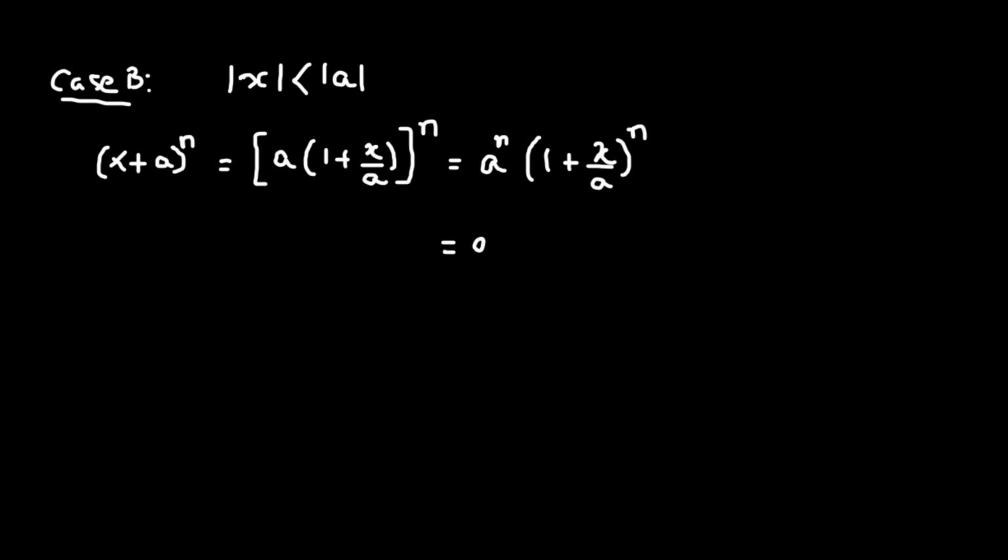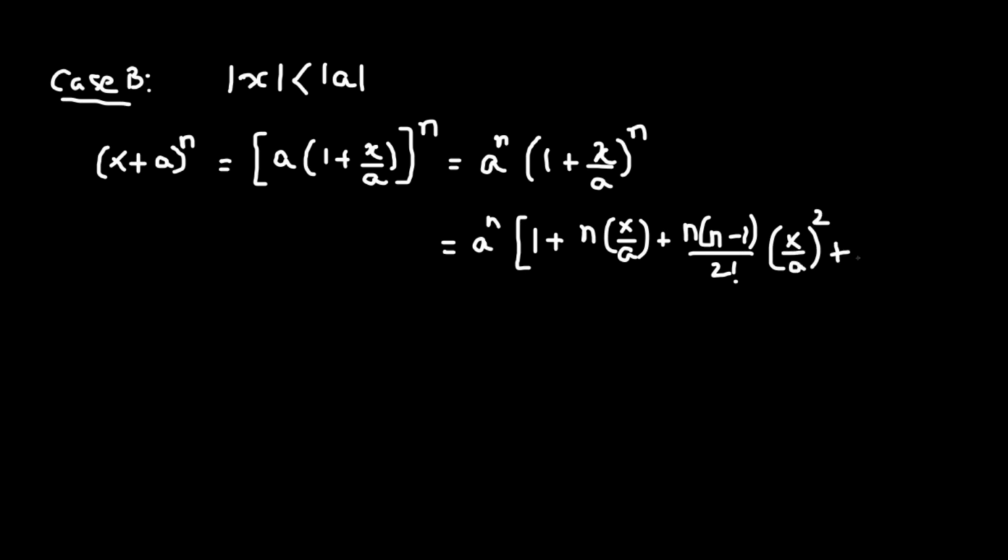Then we expand the binomial expression. That should give us 1 plus n x over a plus n times n minus 1 over 2 factorial times x over a whole square, and so on. So if we look at the second term, we have x in the numerator.